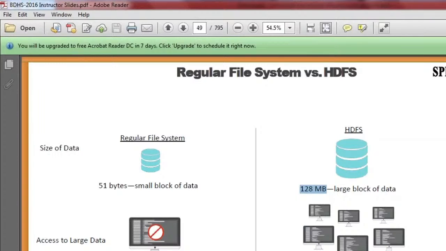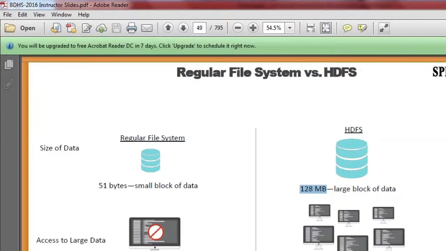If I'm using HDFS, I will read 128 MB at one time. If I read the same file from a Linux file system or from Oracle or any such traditional file system, then I have to use OS level programs, and those will be consuming this smaller block size.